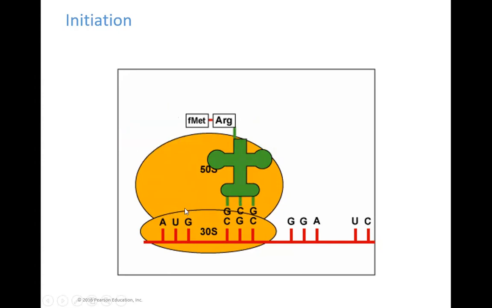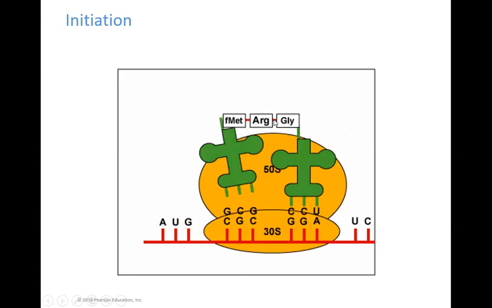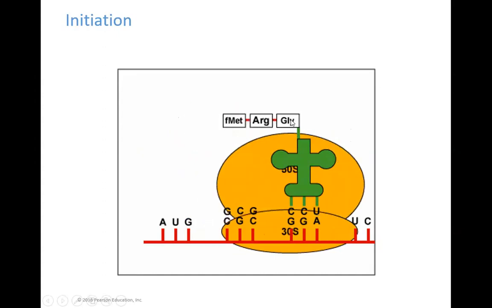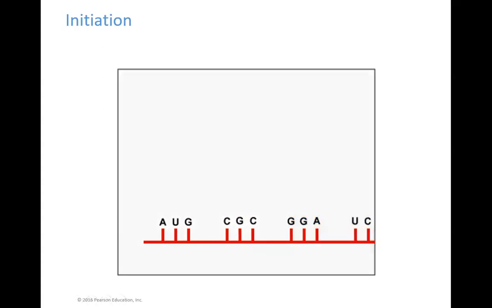Now the ribosome slides down, exposing a new binding site. Here comes the third transfer RNA, and it binds. And these two connect to the third one. And this process is going to continue all the way down the messenger RNA until we hit the stop codon.